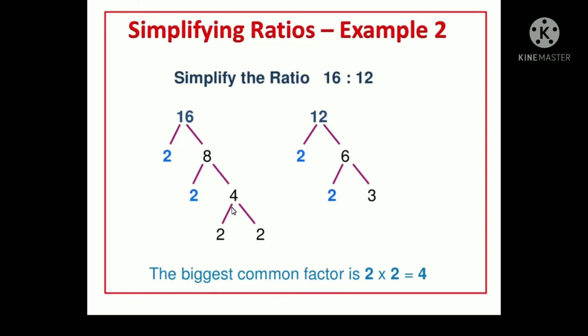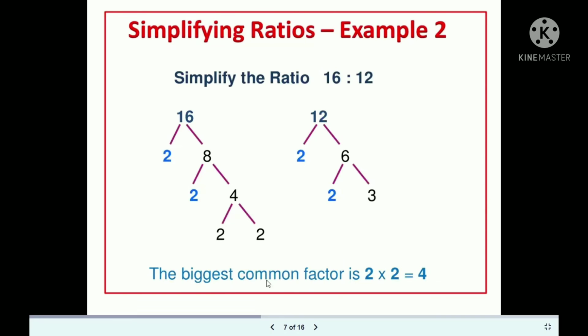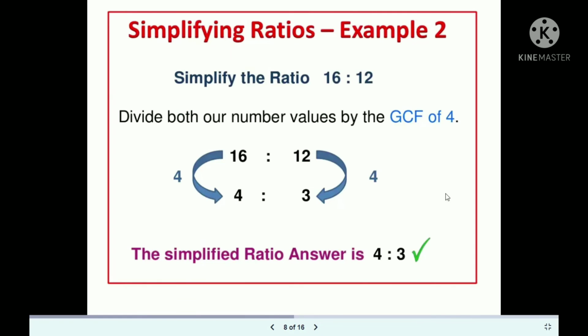So, tingnan po natin. Mayroon po tayong dalawang number na common. So, yan, that is 2. And the other one is 2. Yung may color blue. So, ang gagawin po natin dyan, i-multiply po natin. So, the biggest common factor now is 2 times 2 equals 4. Example, 16 divided by 4, where 4 is the GCF of 16 and 12.